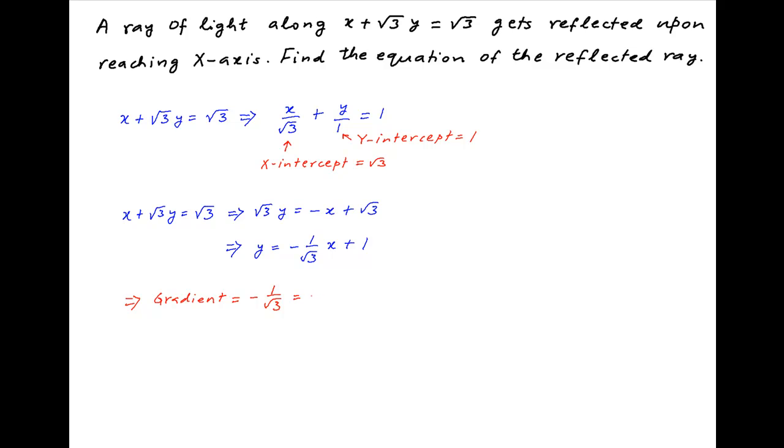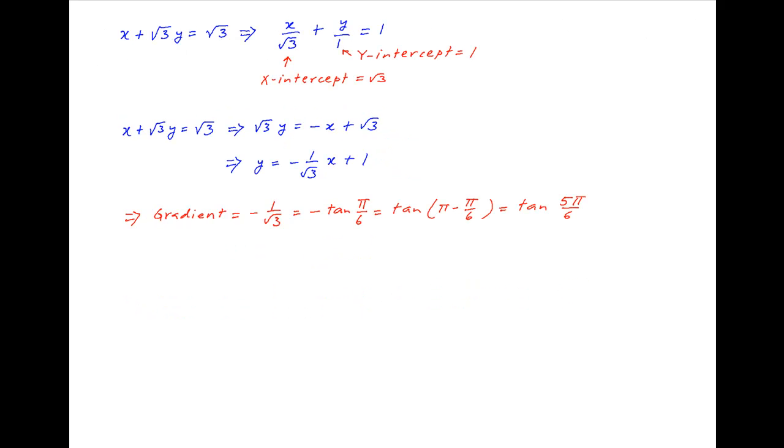Now this is equal to minus tan pi upon 6, which is equal to tan of pi minus pi upon 6, that is equal to tan 5 pi upon 6. In other words, this line makes an angle of 5 pi upon 6 with the positive direction of the x-axis.